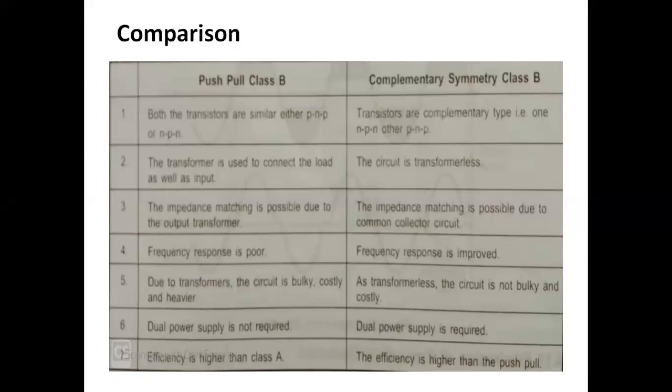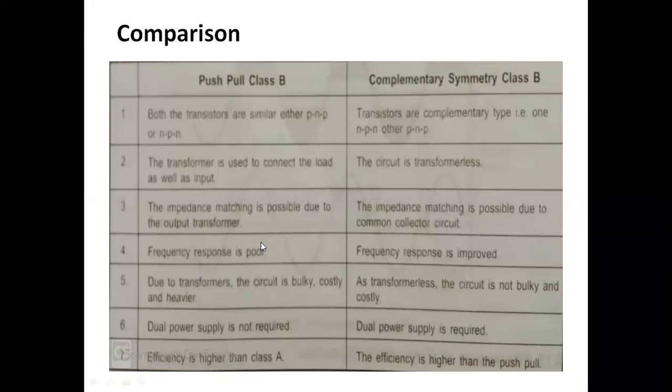Third difference is impedance matching is possible due to the output transformer. The load resistance impedance is matched with the output impedance because of this transformer. But in complementary symmetry configuration, the impedance matching is possible because of the common collector configuration. We are using CC configuration for the impedance matching.